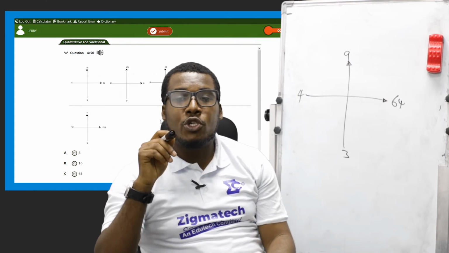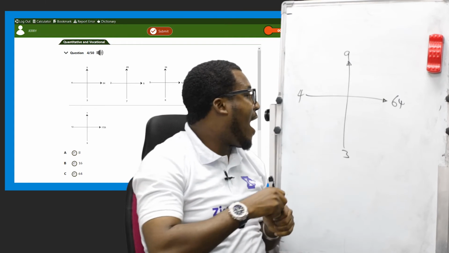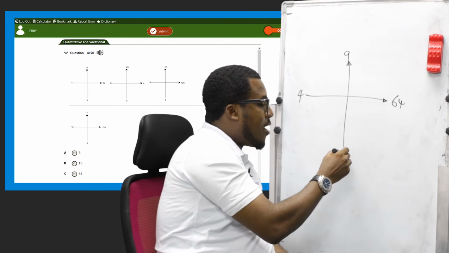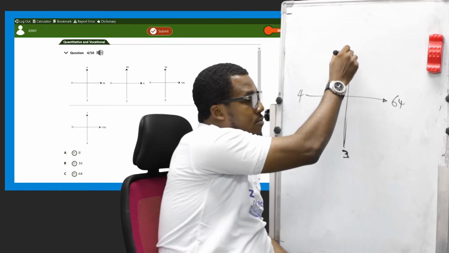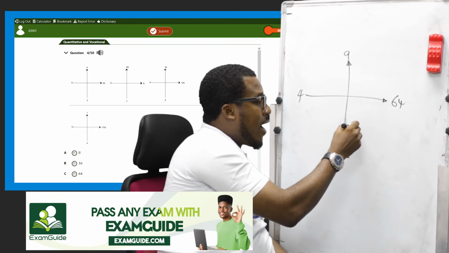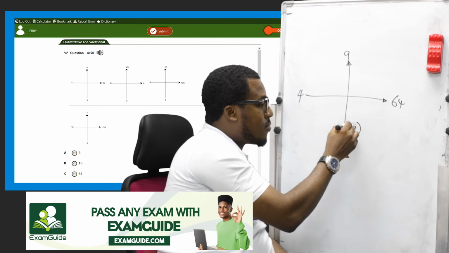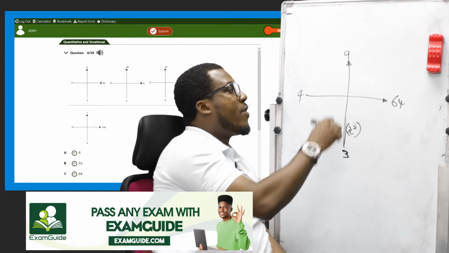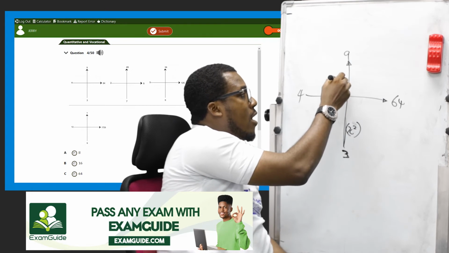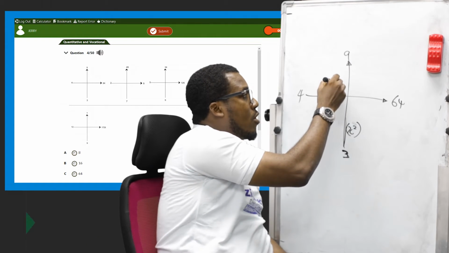The first thing you should understand is that every number going up is squared. And every number coming down is under the square root.